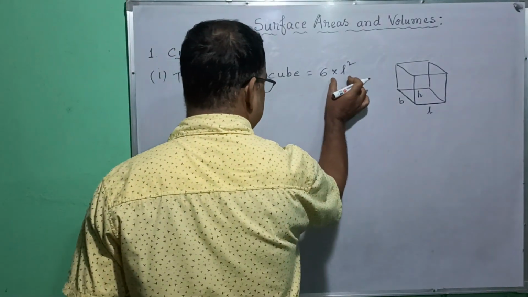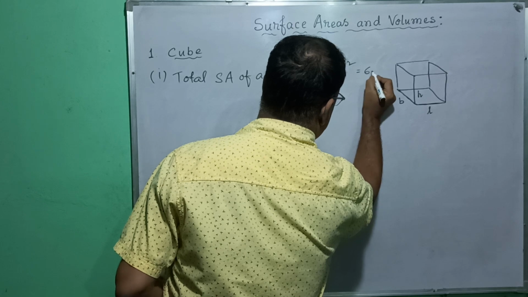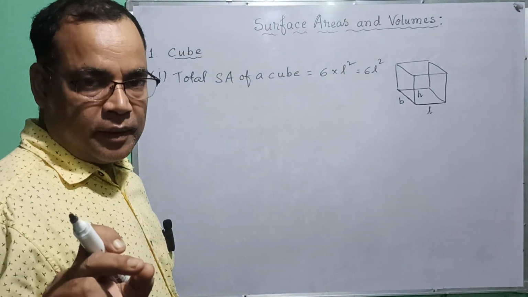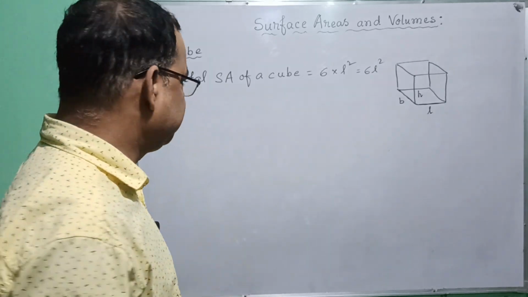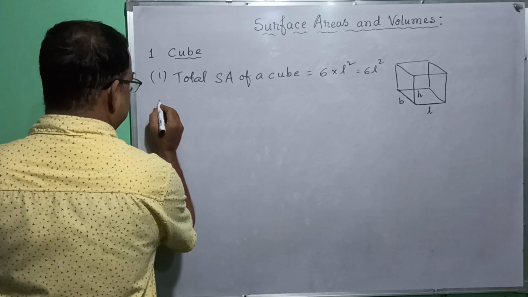So we can write 6L square. We have to remember that L is the length of one side. So this is the total surface area of a cube.